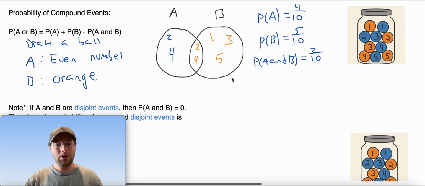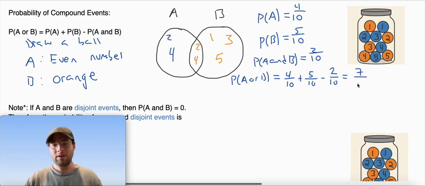This means that when we calculate the probability of A or B, that's going to equal 4/10 plus 5/10 minus 2/10, which equals 4 plus 5 is 9, minus 2, 7/10, which equals 0.7.